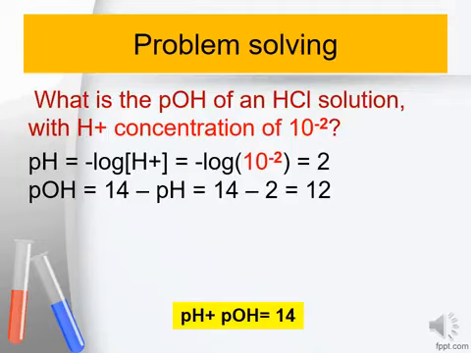So I'm going to get the pH first. pH equals negative log of the hydrogen ion concentration, which is 10 to the power negative 2, and the pH will be 2. So it is easy to get the pOH. pOH plus pH equals 14. Then to get pOH, 14 minus pH, which is 2, then 14 minus 2 equals 12.